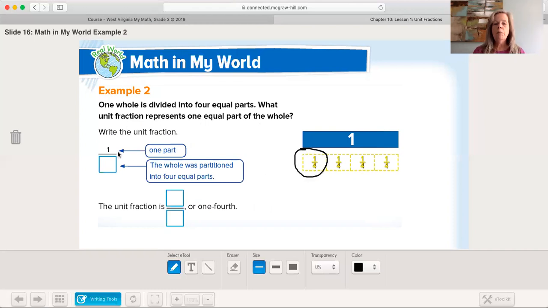Remember, the top number is always a 1, and the bottom, the whole was partitioned into 4 equal parts. So the bottom number, or the denominator, will be 4. So the unit fraction is 1/4. And that's how you spell that in words, 1/4.